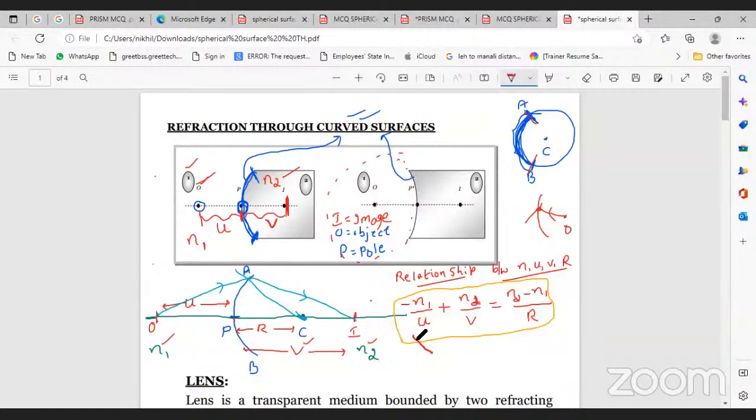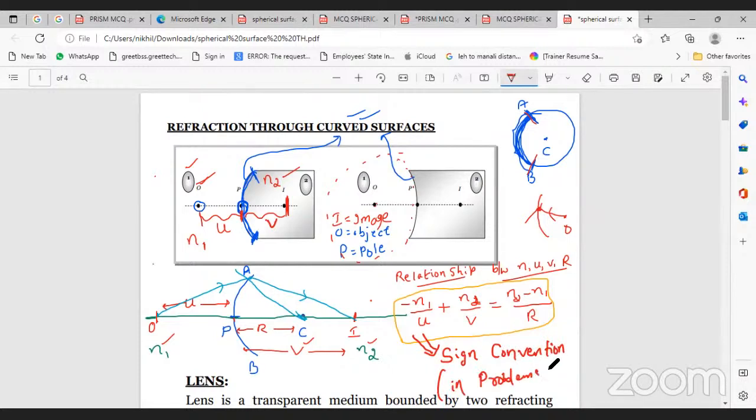So you have to make use of sign convention. You have to use the sign convention here also while solving the problems.